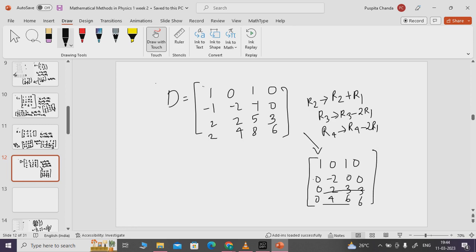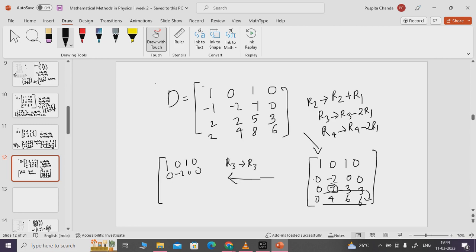You can see this row is the multiple of 2. So when you do actual form of row reduction, you need to make this 2 is 0. So do that. 1 0 1 0, 0 minus 2 0 0.